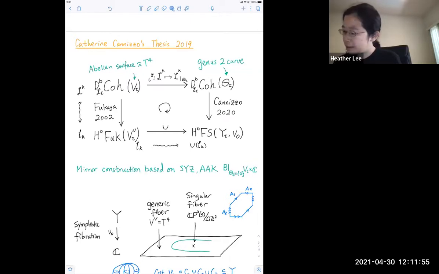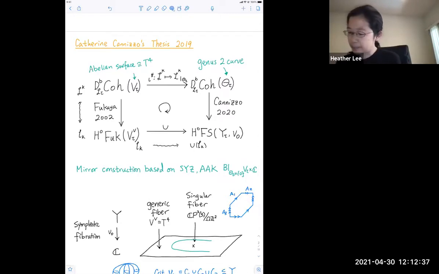So in the paper by Abouzaid, Auroux, Katzarkov, they identified the hypersurface with a 3 complex dimensional manifold: the blow up of the hypersurface cross 0 in V cross C. On this 3 complex dimensional manifold, there is a Lagrangian T3 fibration that we can discuss as SYZ mirror symmetry.